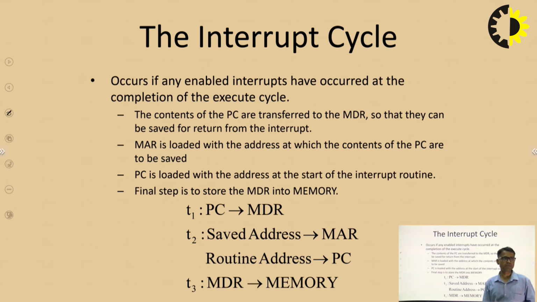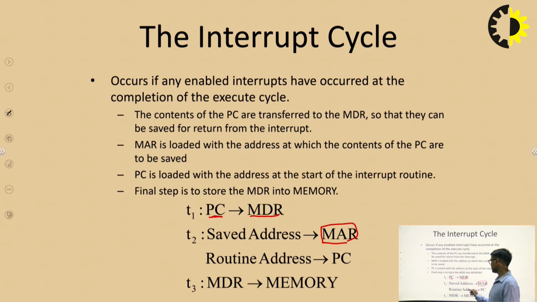So if an interrupt is enabled, the interrupt cycle will save the current program counter to the MDR, and the saved address will be sent through the MAR and copied to the main memory.